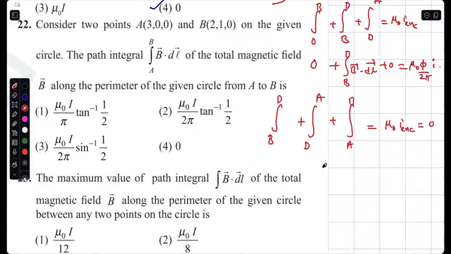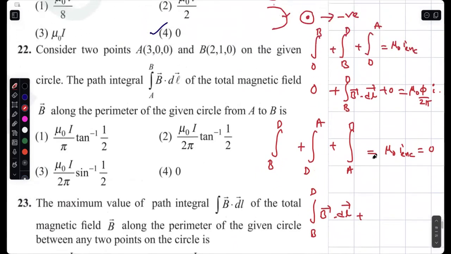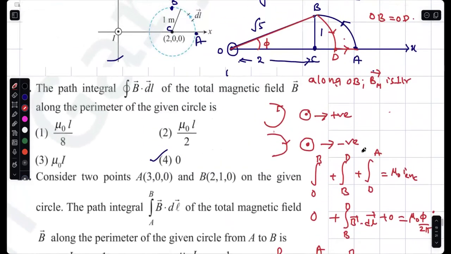Okay? And by the way, in this part, B to D, B bar dot DL bar plus 0. Why is it 0? Hello, why is it 0? D to A is in the radius direction.